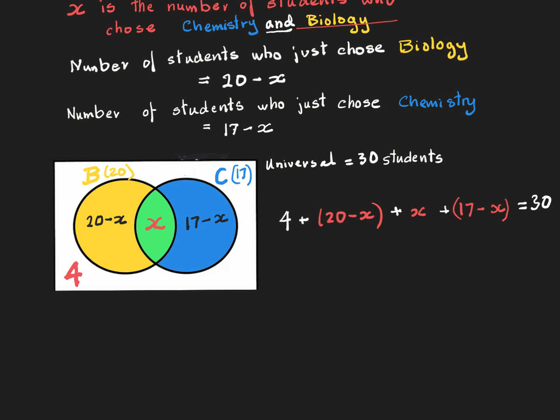We should rewrite them all without the brackets. So let's go 4 plus 20 minus x plus x plus 17 minus x, and that's equal to 30.